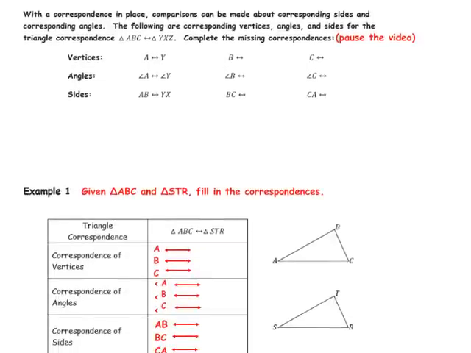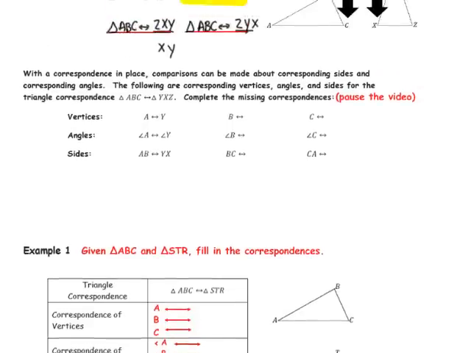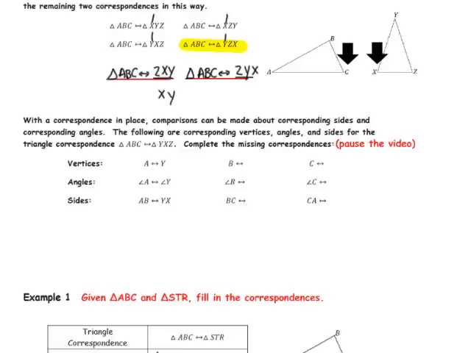With the correspondence in place, comparisons can be made about corresponding sides and corresponding angles. The following are corresponding vertices, angles, and sides for the triangle correspondence of triangle ABC corresponding to triangle YXZ. Complete the missing correspondences. Before we do that, let's go over the terms to make sure that we're on the same page. The vertices are where two sides meet.